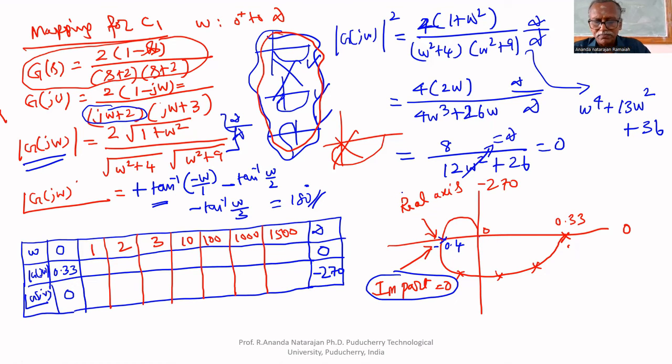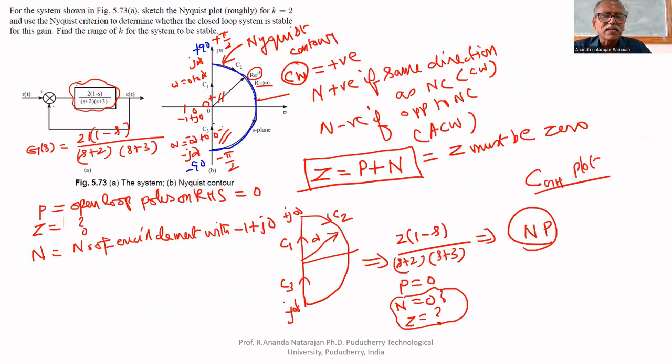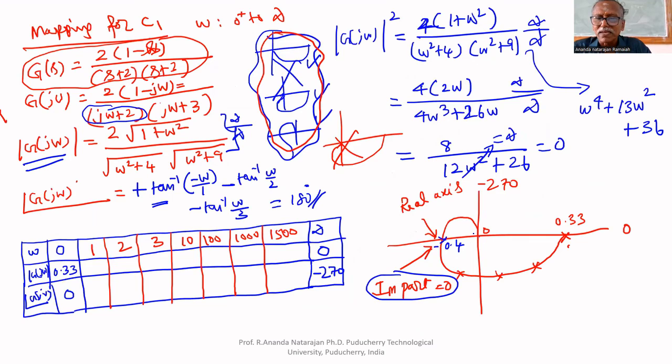Now we have to map for the final segment, that is C3. If you do the mapping for C3, earlier omega varied from 0 plus to infinity. Now it varies from minus infinity to 0 minus. Therefore, it is nothing but the mirror image of this. That's why no need to do the mapping.